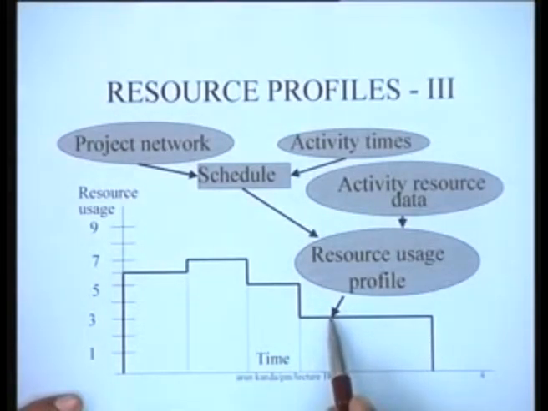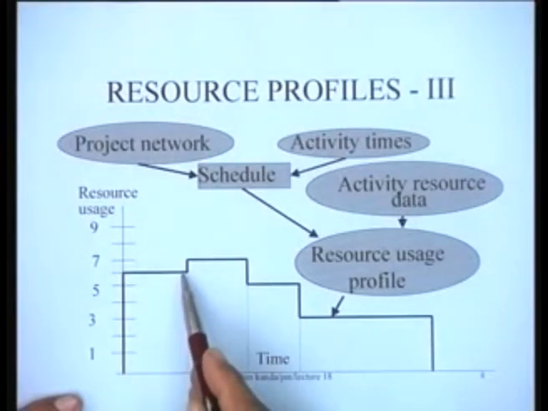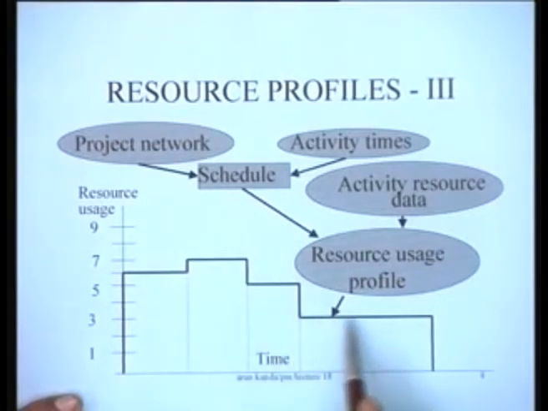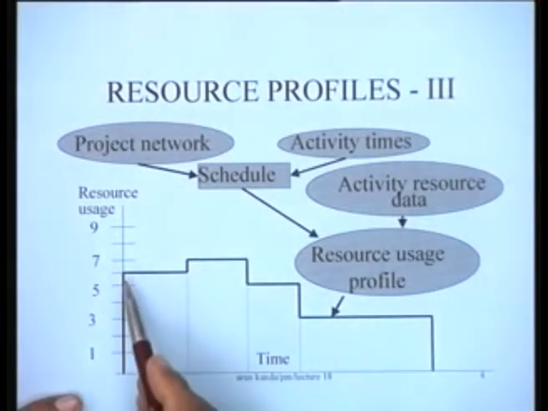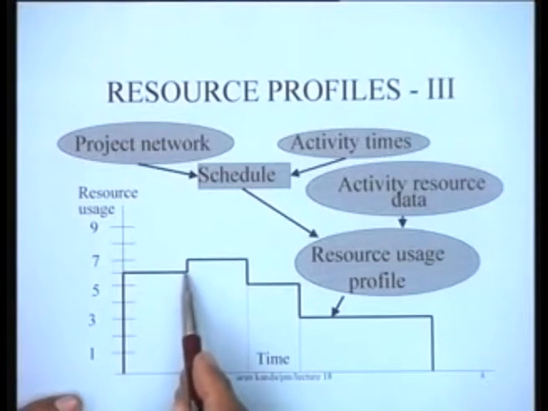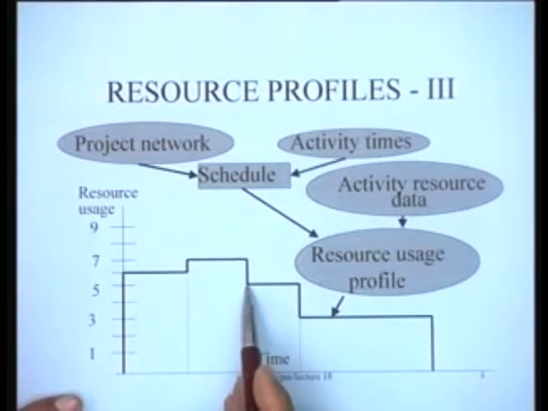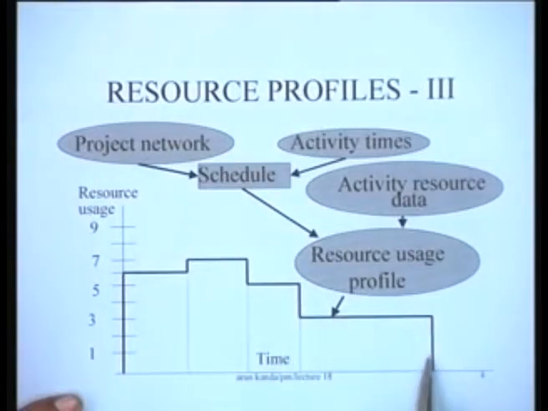It shows the variation in the resources which is going to be needed to accomplish the schedule which we had required. So we are going to need 6 people in the beginning till this point in time, and then subsequently we are going to need 7 people up to here, and then there is a drop and we are going to need only 5 people during this particular period of time, and then again there is a drop, and so on.